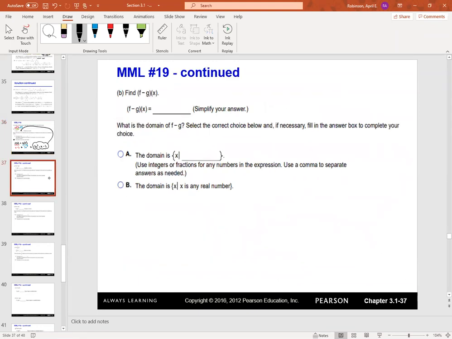Now this one says f minus g of x. That means you're going to take f of x minus g of x.